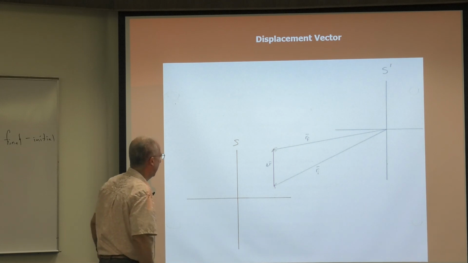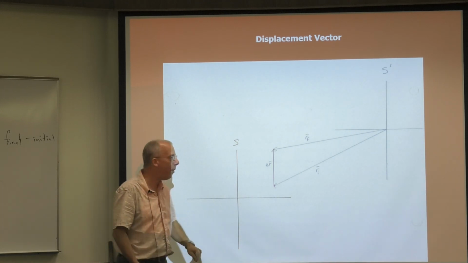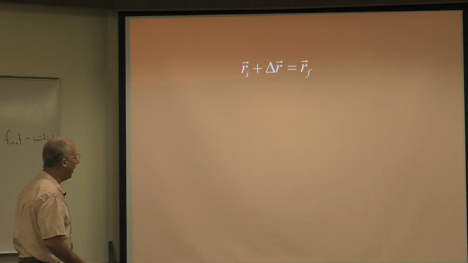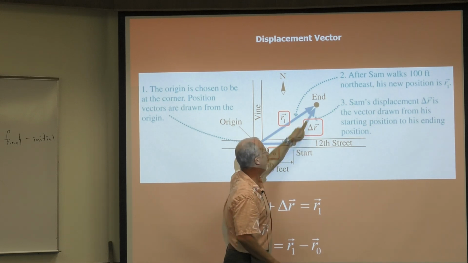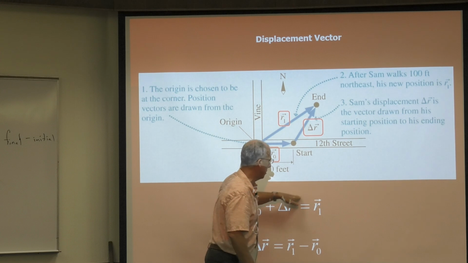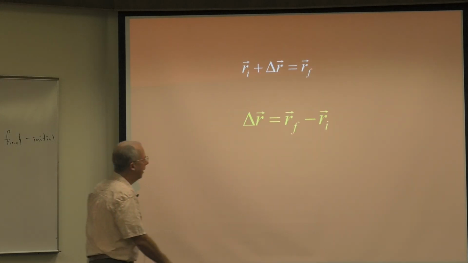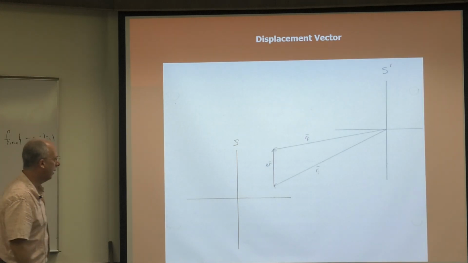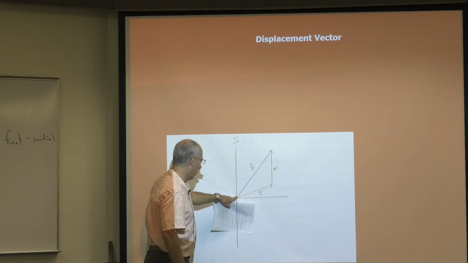This doesn't change. Of course it doesn't change. I mean, come on. This is a person walking from a position to a position. So this is never going to change. The origin is going to change depending on where your coordinate system is, so the position vectors will change. Look at this: here that's a position vector, that's a position vector, because the origin is here.